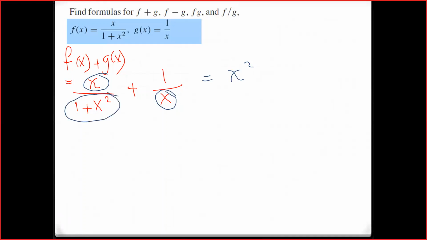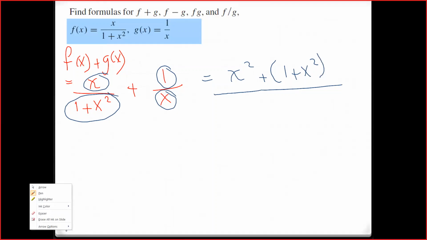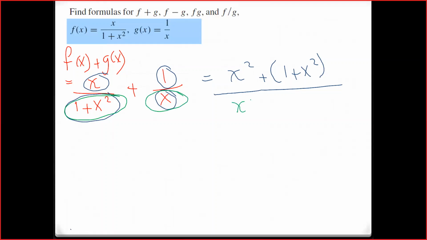And 1 plus x squared multiplied by 1 is 1 plus x squared, over, I have to multiply now 1 plus x squared times x. Then x squared plus 1 plus x squared is 2x squared plus 1 over x cubed plus x. This is how we add f of x plus g of x. Is it clear now?